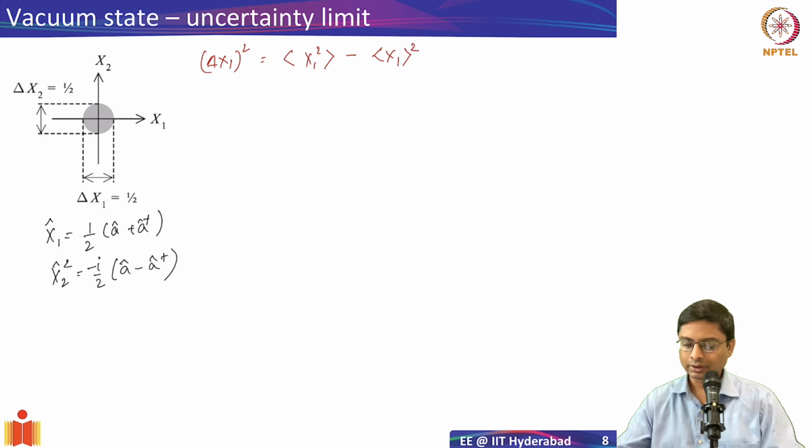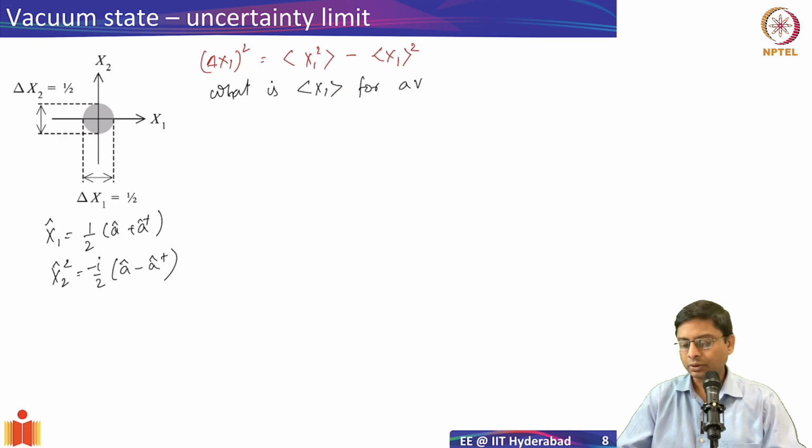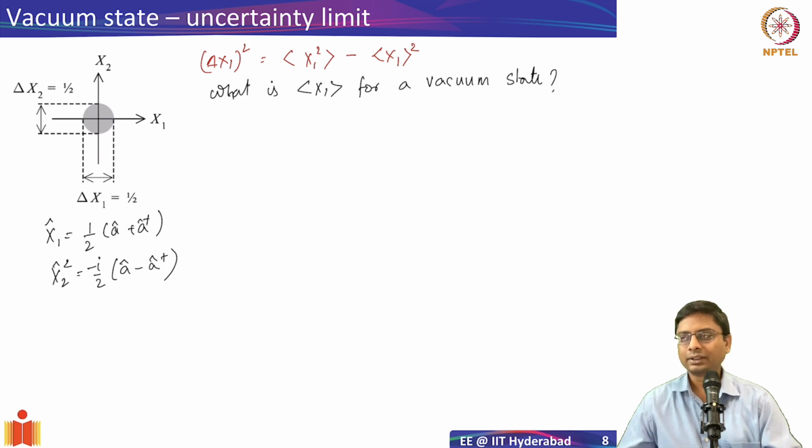What is x1 for a vacuum state? How do we compute it? We have the toolbox already. We know how to compute the expectation value.